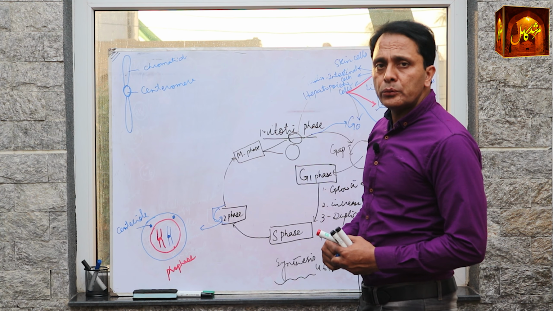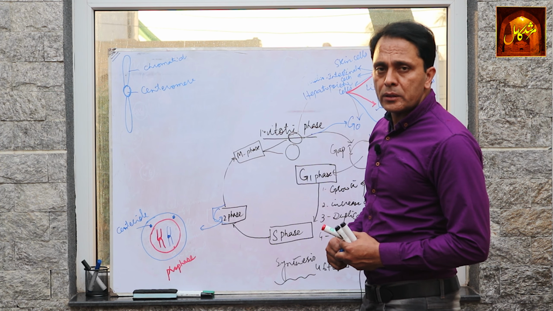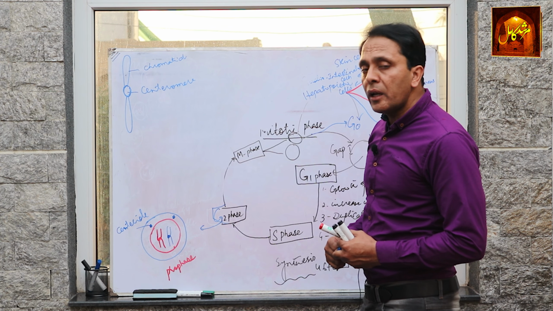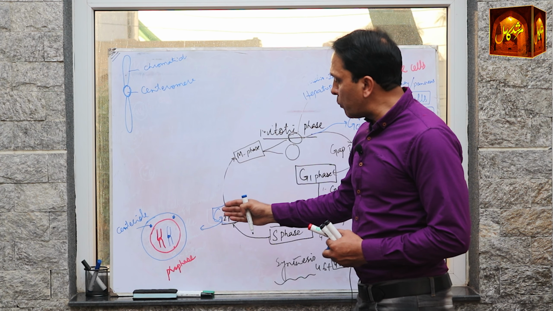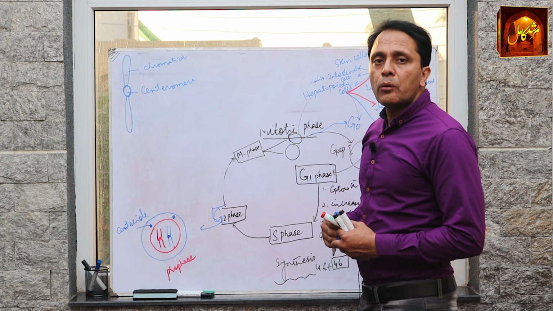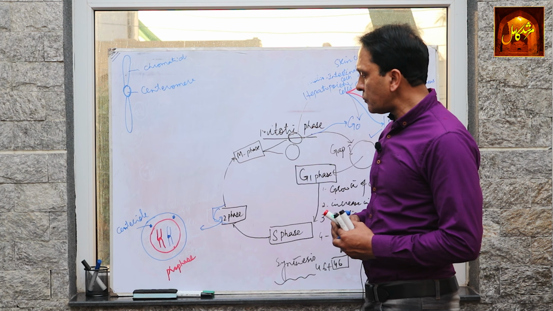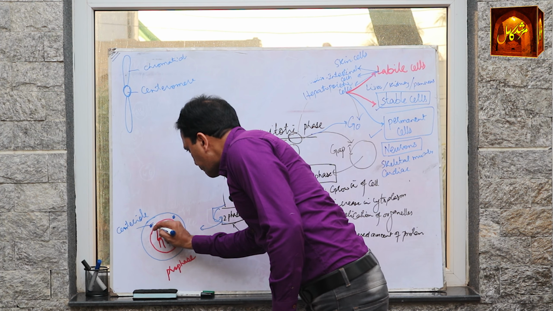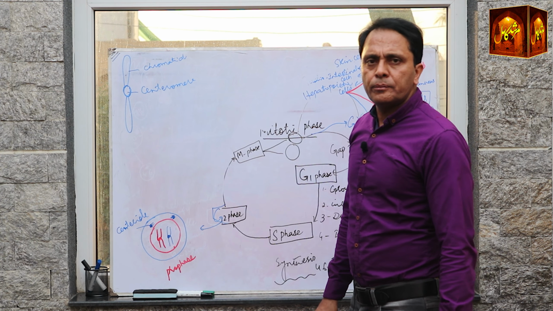What actually do they do? They make tubulin proteins. They give rise to spindle fibers, the fibers on which the chromosomes in the next stage will arrange themselves on the equator. So over here, small thread-like structures start coming out.